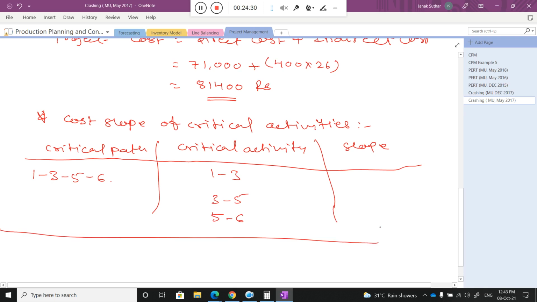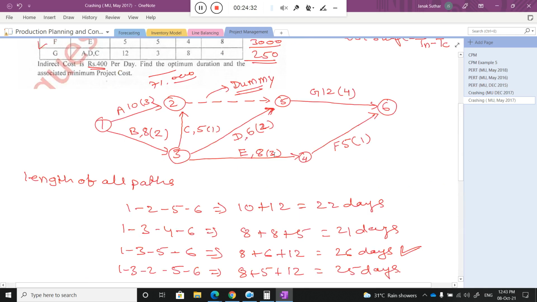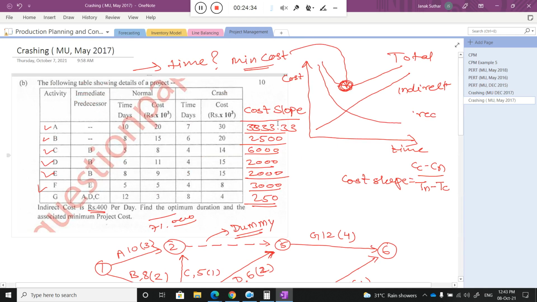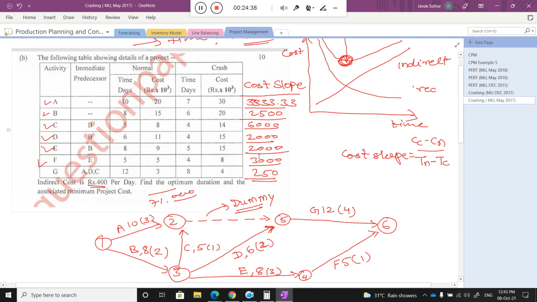That is the initial step of the crashing problem. So I go again to that particular table. Now what are the critical activities in this table, class? Our critical path is 1356, right? I could mention it here by a double line, but it will create some confusion, so I am not mentioning it, just wait.